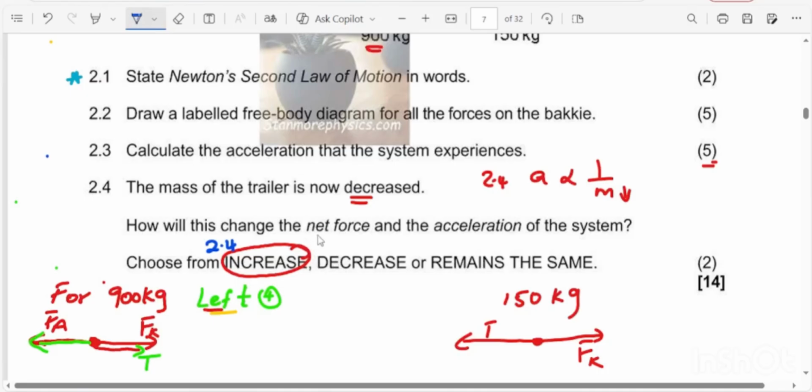Maybe we should also write it down here. The acceleration is inversely proportional.